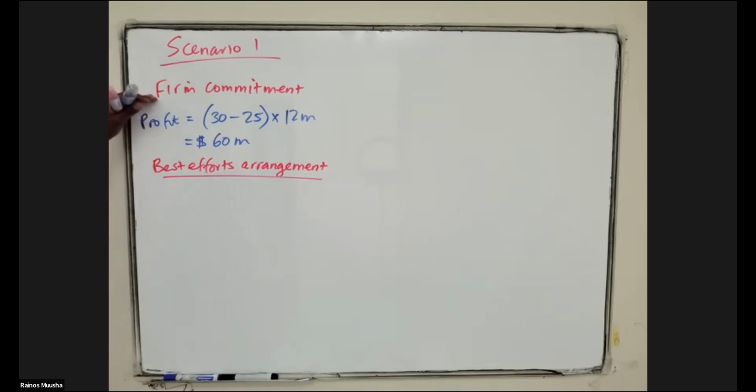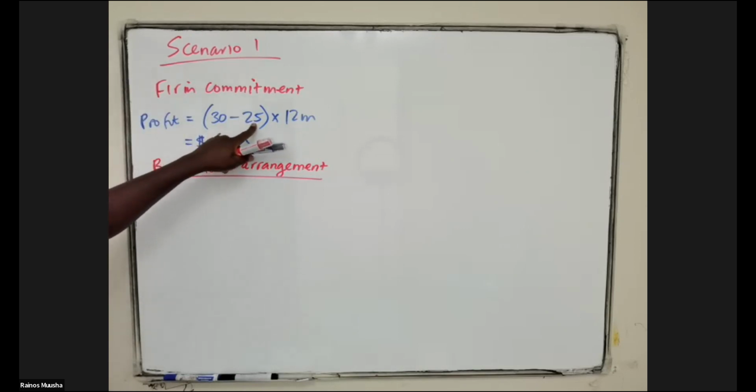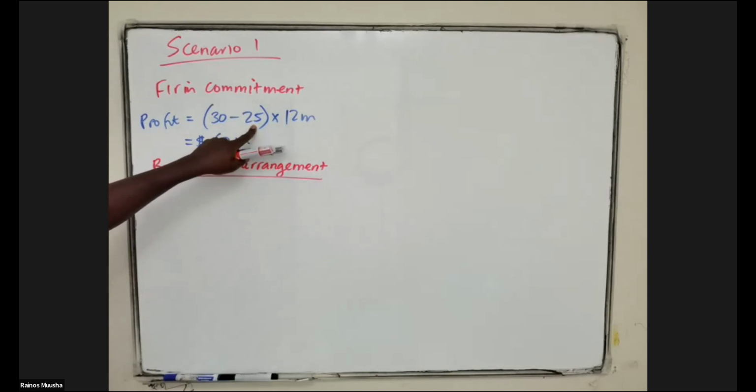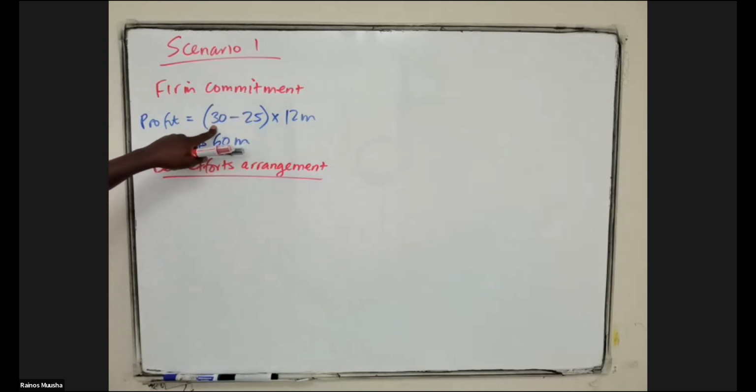For the firm commitment arrangement, we're buying the share for $25. So we are committing to buy the shares from you for $25, and then we are the ones who take the risk and sell these shares in the market. If you check line number 2 from the bottom of the question, that's where they give us the scenarios: if the share price ends up being $30, what is better for us?